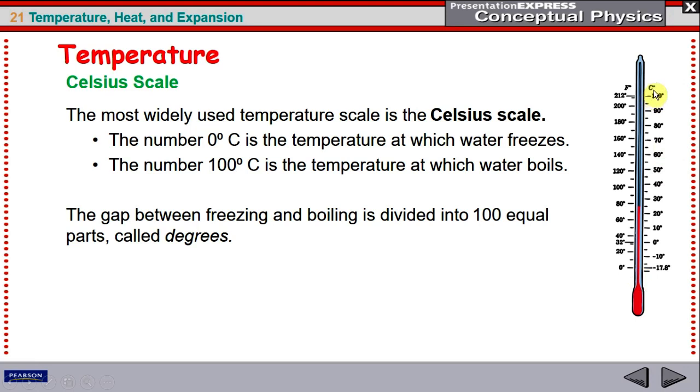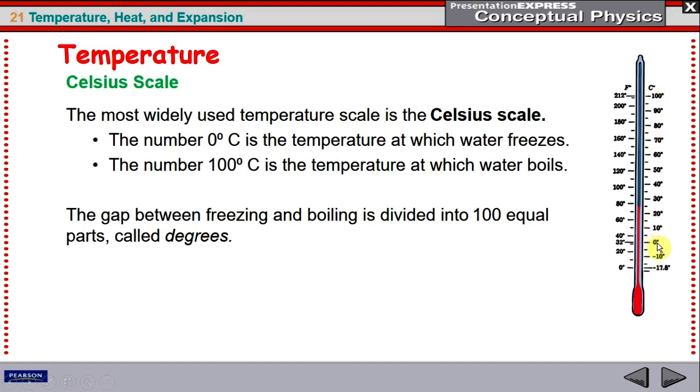Now on the right there's a scale, a very famous scale. It's called the Celsius scale, which is used widely in the whole world except for very few countries. On this scale there are two important points: 0 degrees Celsius and 100 degrees Celsius.